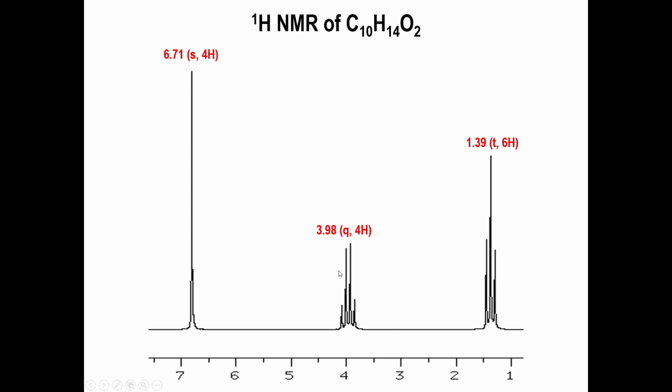The ethyl substituent in essence. But the CH2, which is what this peak is ultimately, appears at 4 ppm, which is way too far downfield on the spectrum for it to just be a regular alkane carbon. So what this is basically telling you is that this CH2 must be attached to one of the oxygens, right?